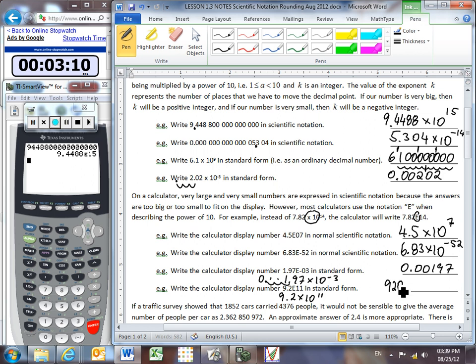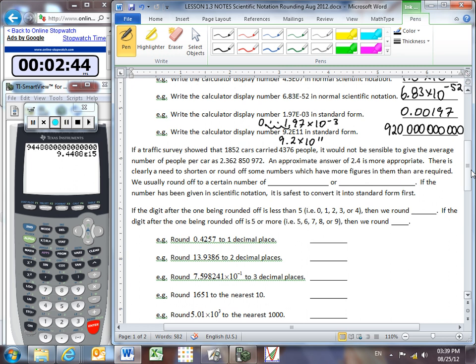And you see what I mean by my grouping? I've created little spaces after every group of 3. That way we can see these are the ones, these are the thousands, these are the millions, these are the billions. So we have 920 billion, and no millions, no thousands, or ones.